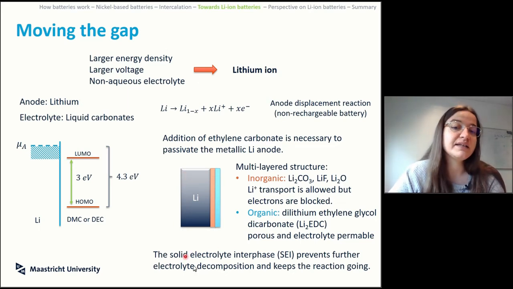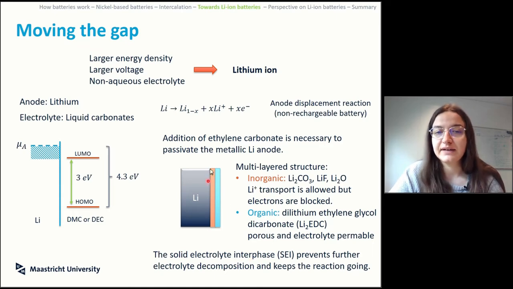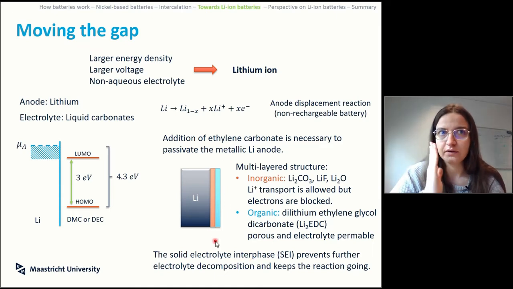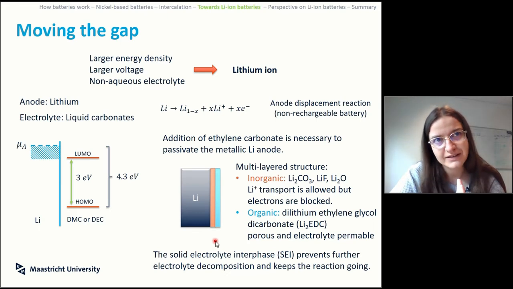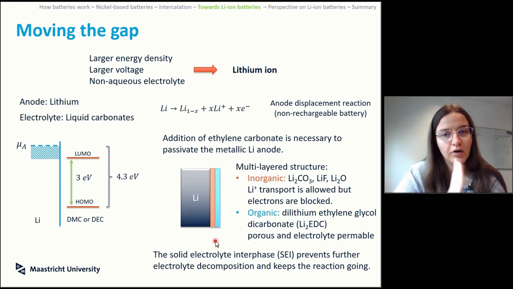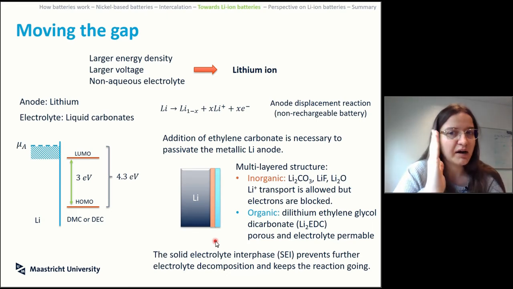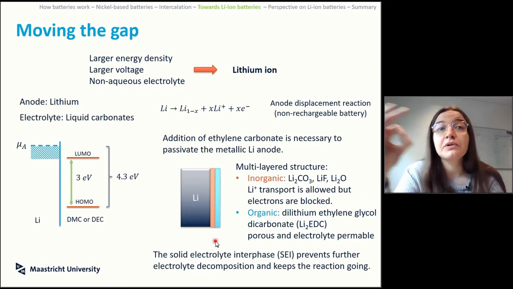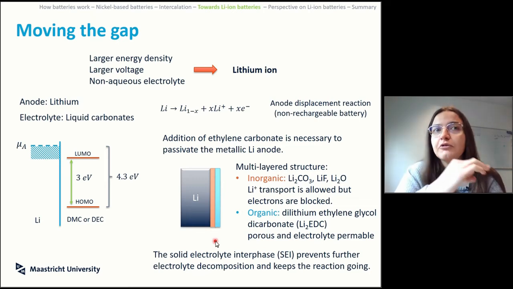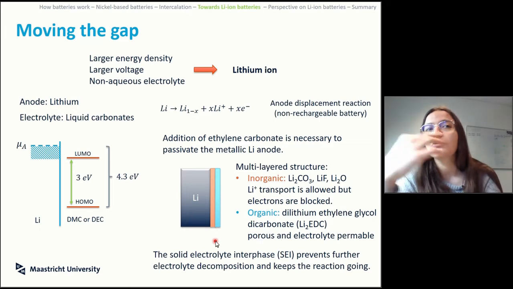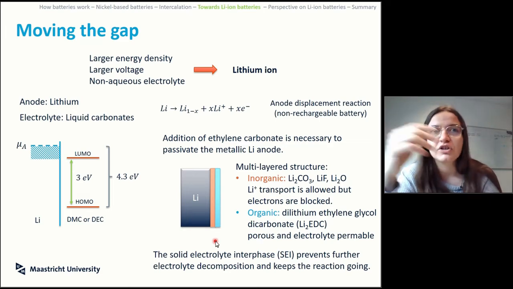So this thing ends up being the solid electrolyte interface. It's sort of like a little cake of layers. The first thing is this sort of tiny layer of inorganic lithium carbonates, lithium salt, stuff like that. You can transport lithium through, so the lithium plus can actually go in and out of these salts because they can partially dissociate.